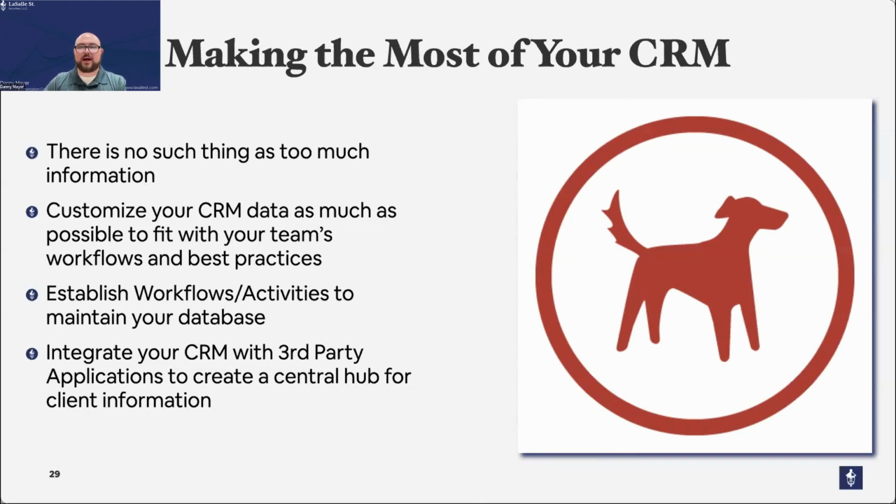And you're not going to have to sit there and guess, is this AAA client really a AAA, or is it AAA in a different context? So really take the time to figure out what works best for you and your team and implement it in the back end of the CRM.